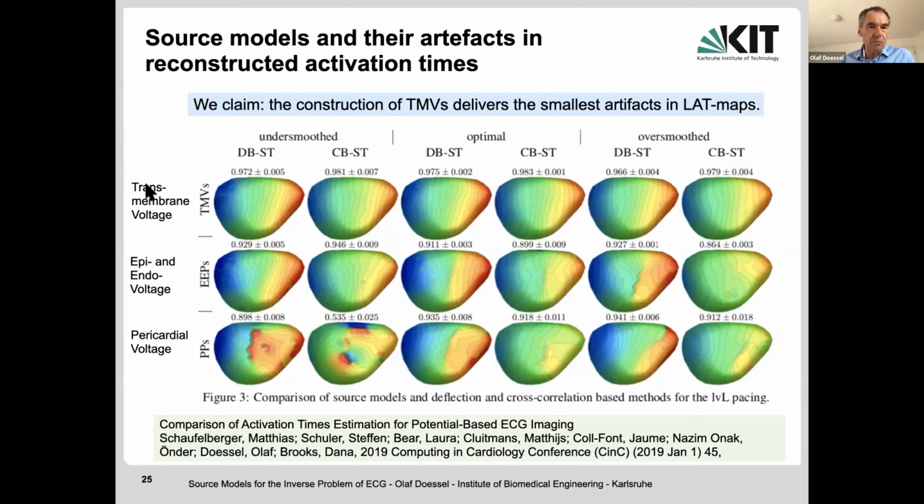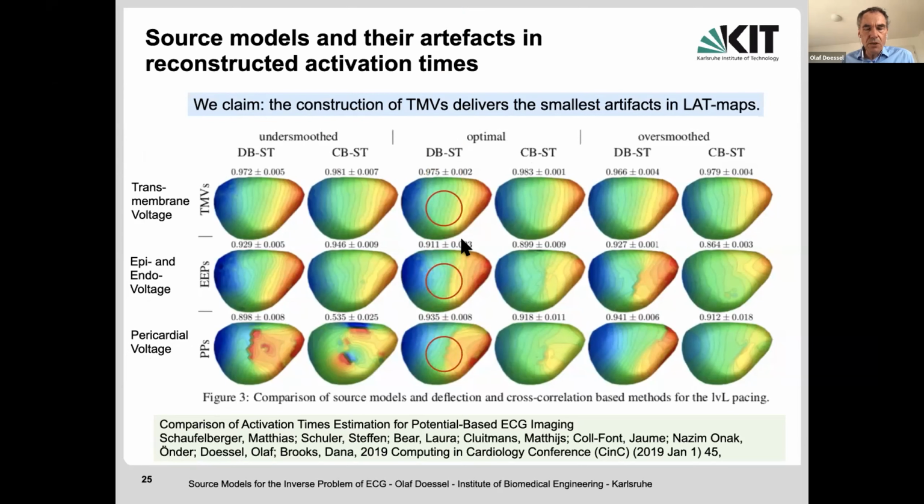You see here transmembrane voltage, epi and endocardial voltage, pericardial voltages, and then different types of reconstruction techniques. After we have gone through all this, we should look at those reconstruction techniques that have the smallest amount of artifacts.